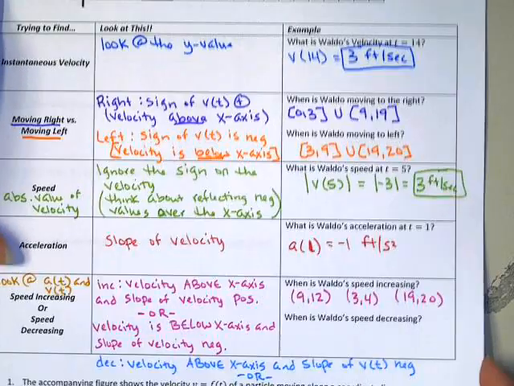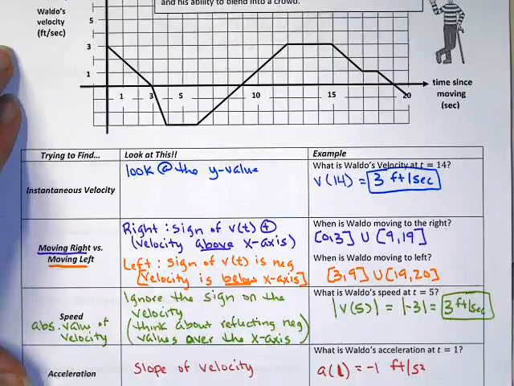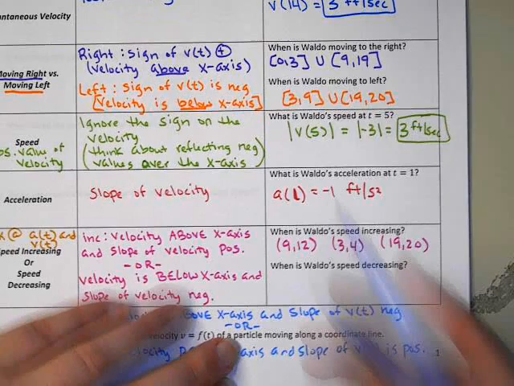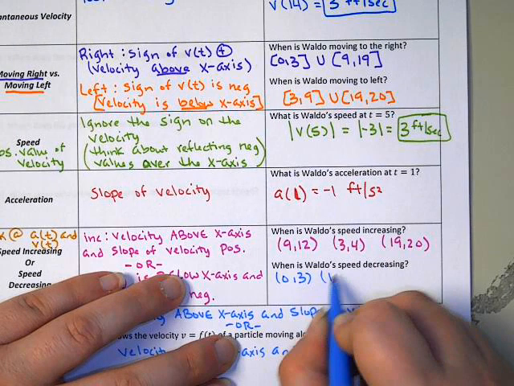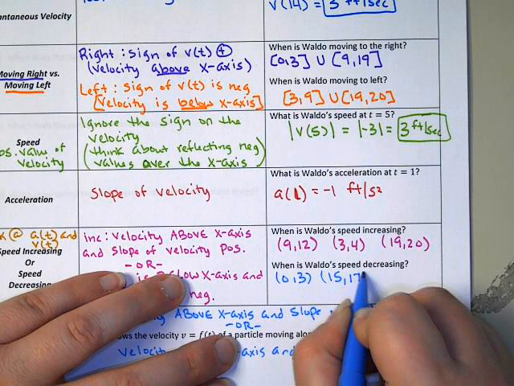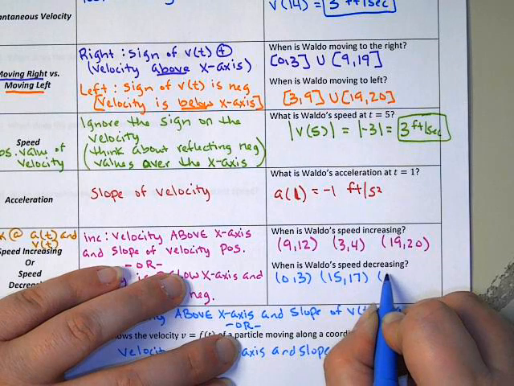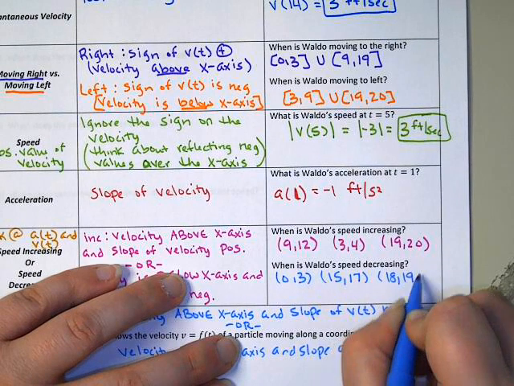So again, anywhere that it's above the x-axis and decreasing. So that was from 0 to 3, 15 to 17, and 18 to 19.